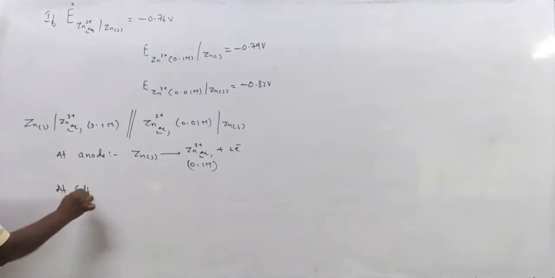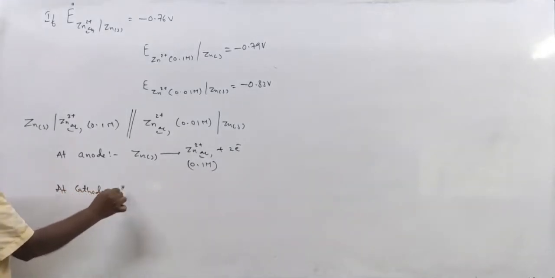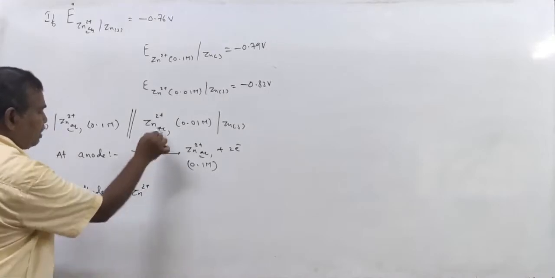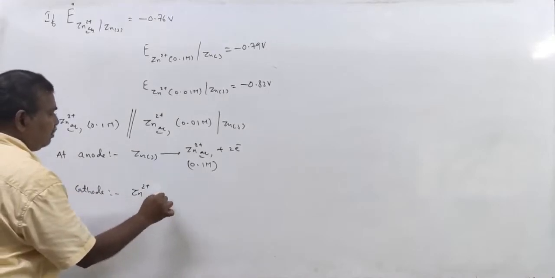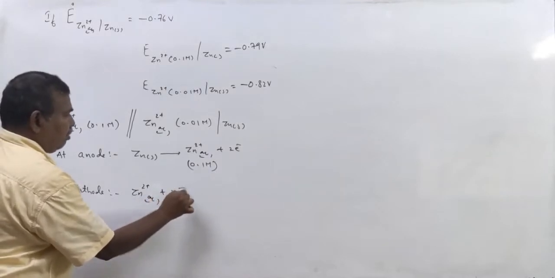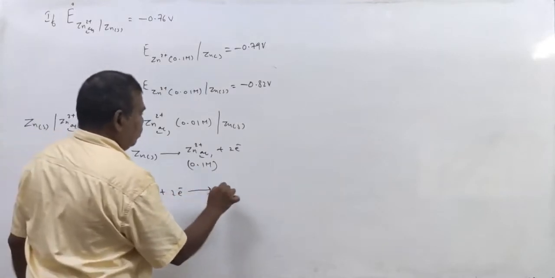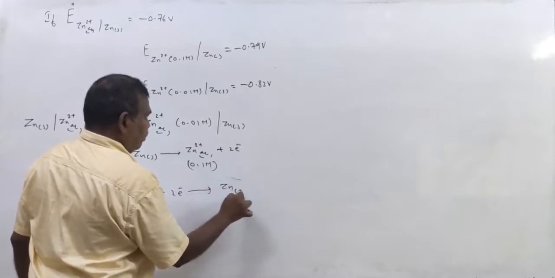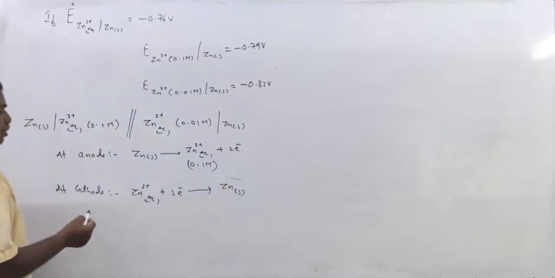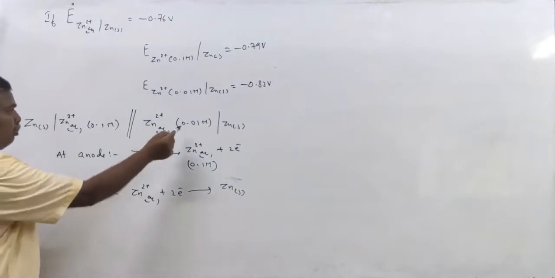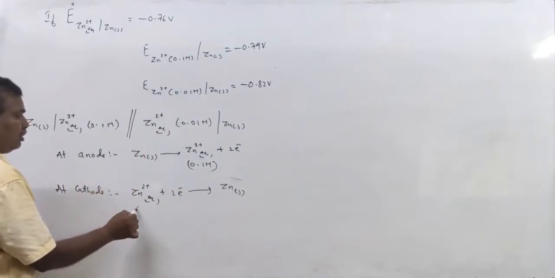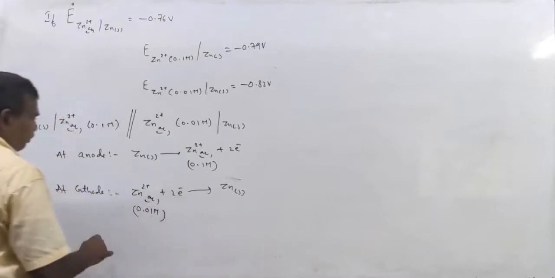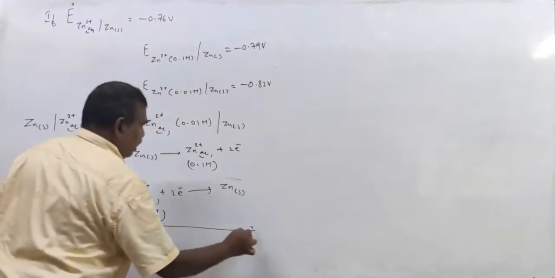At cathode, the reaction is Zn2+ aqueous plus 2 electrons gives rise to Zn solid. So what is the concentration of Zn2+ ions here? 0.01 molar. Then the net cell equation.